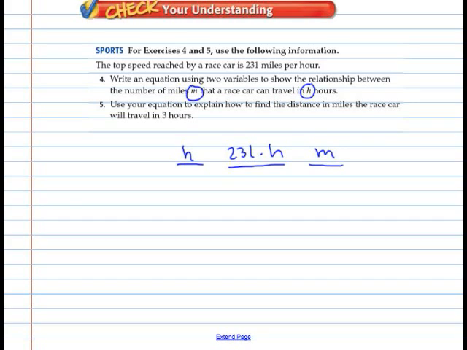Use your equation to explain how to find the distance in miles the race car will travel in 3 hours. So we would simply take our equation, which is 231h equals m. We replace the h with 3, gives us the number of miles the car travels.